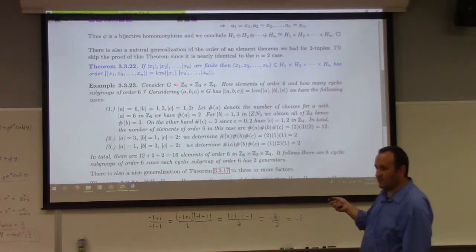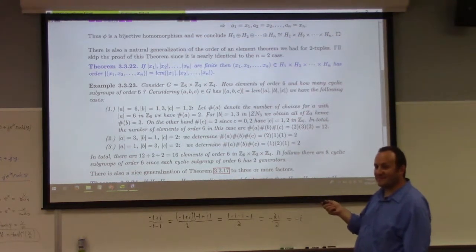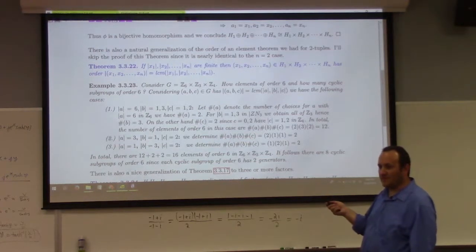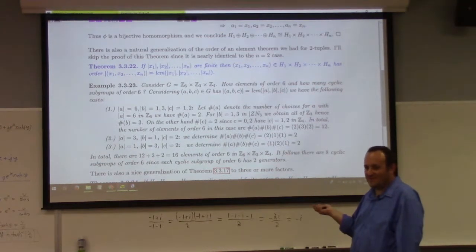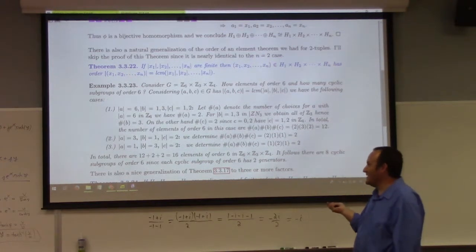How many choices are there for A having order 6? So phi of 6 is what? Phi of 2 times phi of 3, so it's 2. Do you really need to use the theory when you have 6? Maybe not.